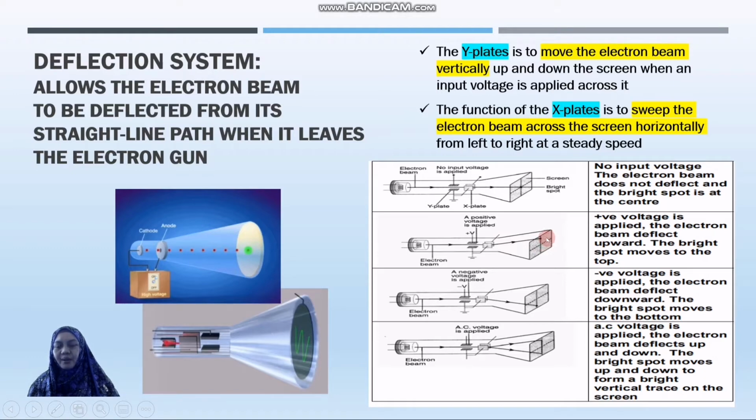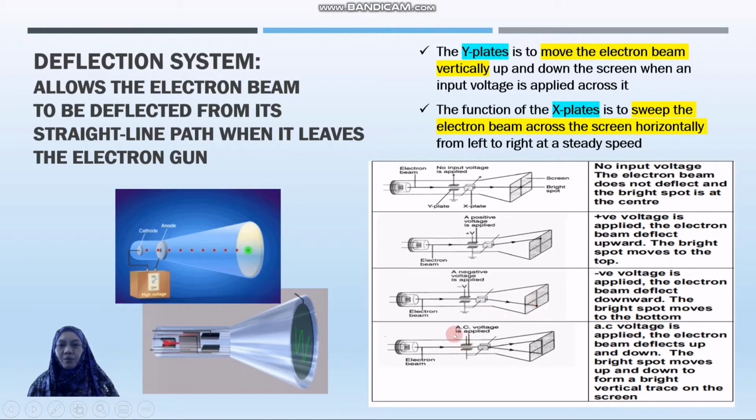So you will see a bright spot appear at the right side of the screen. Okay, and in diagram number 3, what happens now if we connect a positive voltage to the left side of the X plate? The electron beam will now be deflected to the left side, so a bright spot will appear at the left side of the screen.